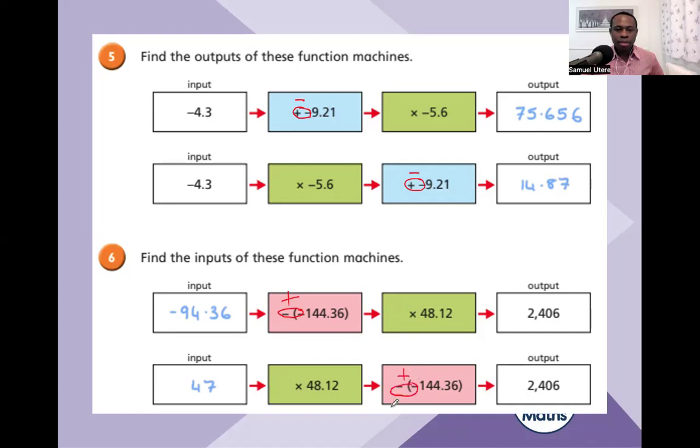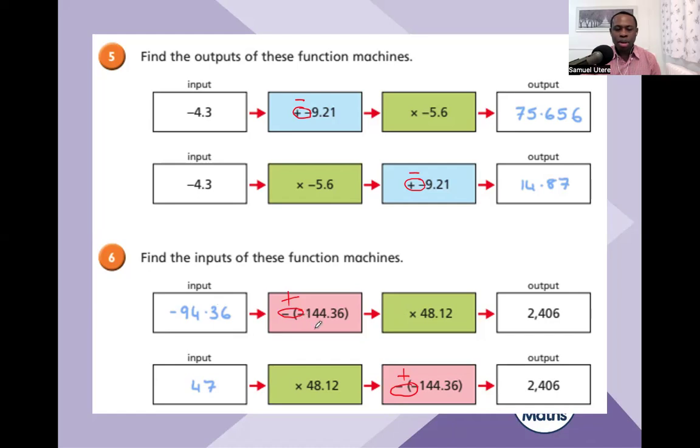All right. So here you can do inverse operations to find the answer. So you take the output, you do 2,406 divided by 48.12, and then subtract, because remember these two signs are now positive. You're trying to find out what was put in by doing the inverse operation.